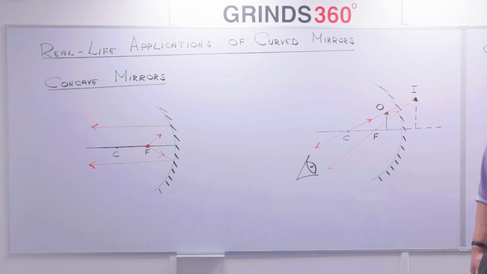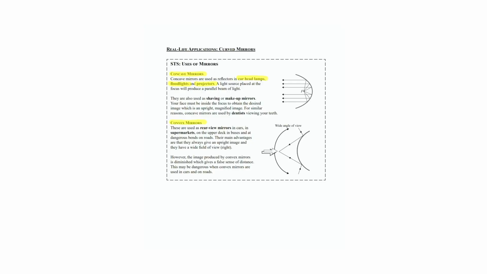So as a result of that, that makes it very, very handy for makeup mirrors, where you obviously want to see an upright image of your face. You don't want the image to be upside down when you're putting on lipstick. Shaving mirror. But what has to happen is your face has to be inside the focus. So the focus has to be sufficiently long to allow that to happen.